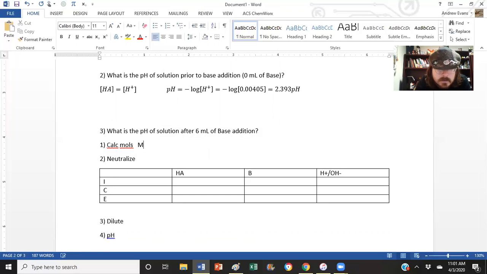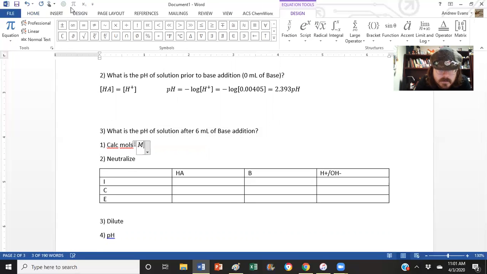So our moles of acid is going to be MA VA. Moles acid, and that's going to equal what? 0.00405 times 37.